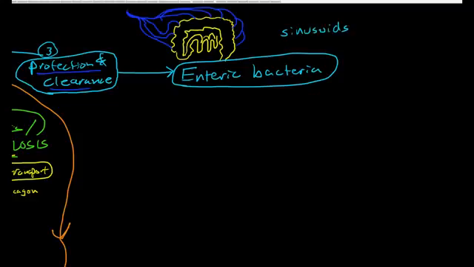The sinusoids are just specialized capillaries of the liver. And these sinusoids are lined with Kupffer cells. And Kupffer cells are very active, potent macrophages.